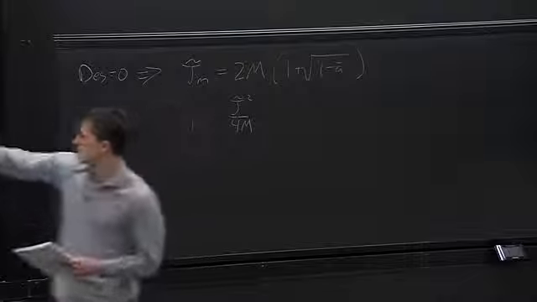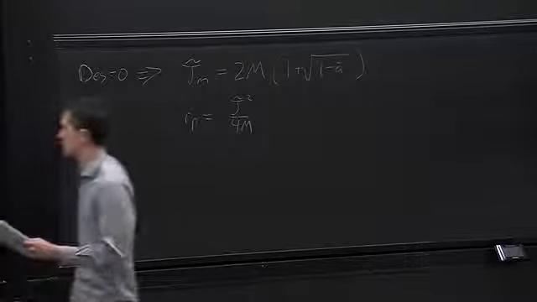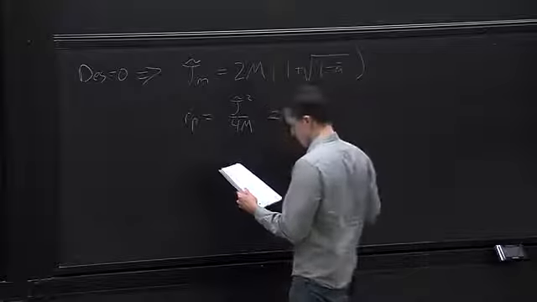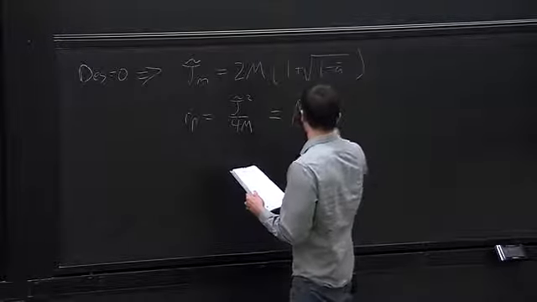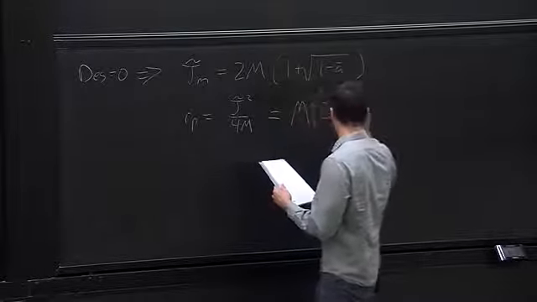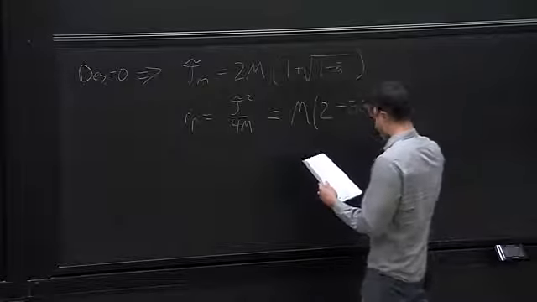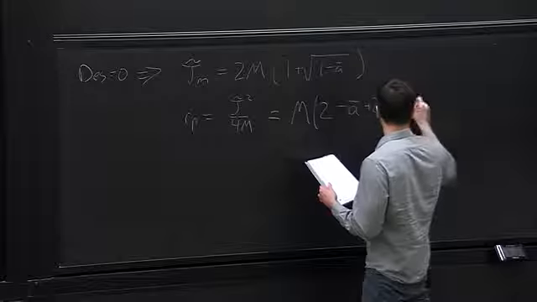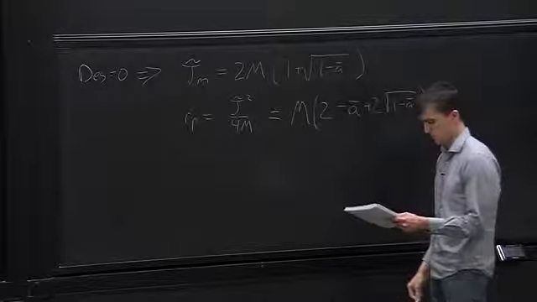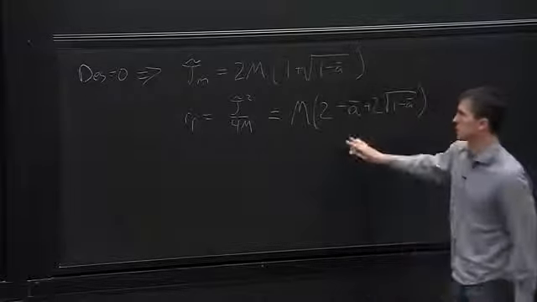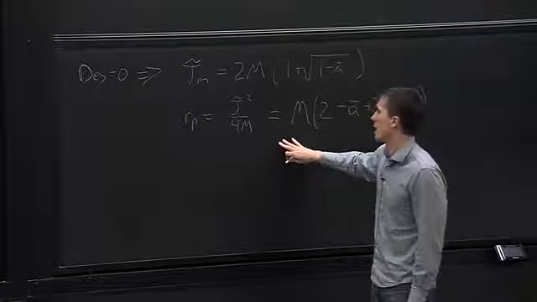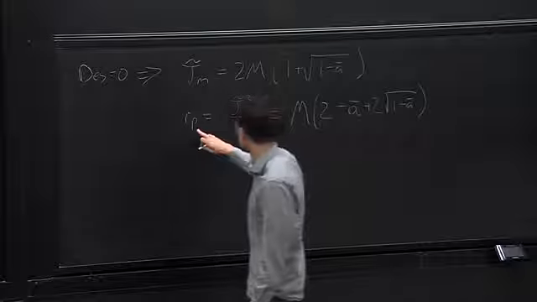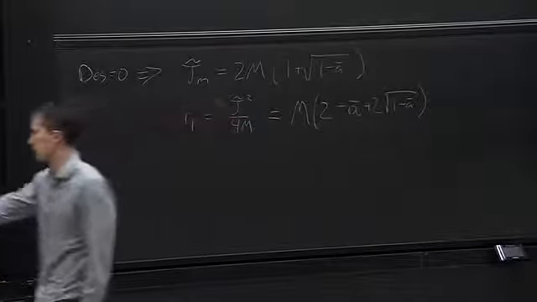Remember, we just chose the case where this is 0, so we just get that first term divided by 2, and then plugging this in, we arrive at this expression. So this is basically telling us the radius at which this marginal case happens.